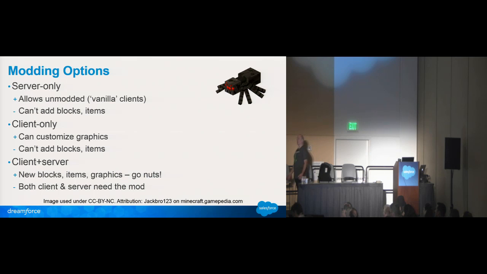But you can't add new blocks and items because the client doesn't know how to render them. You can do things just on the client. A good example there is you can customize graphics. X-ray vision is a client mod where you don't really want the server to know about it. But you can modify the client so that you can suddenly see through the ground down to where the gold ore is and go mine it. Or you can have client-server mods where you can go nuts. You can add new blocks, items, graphics, but both sides need the mod.